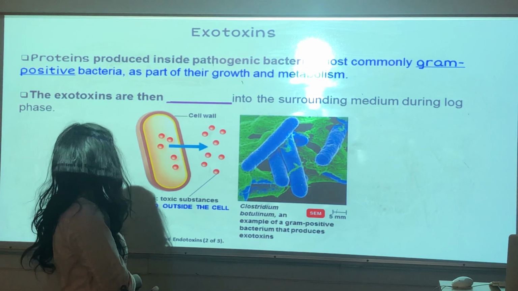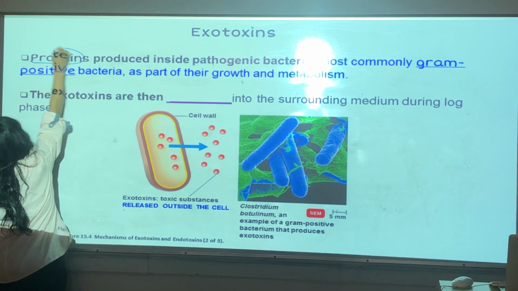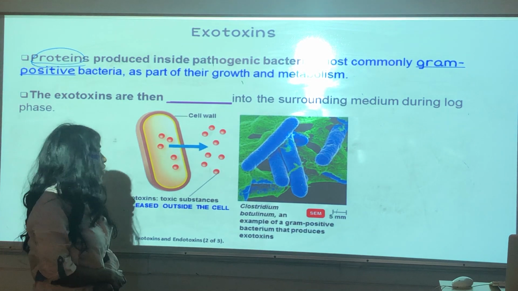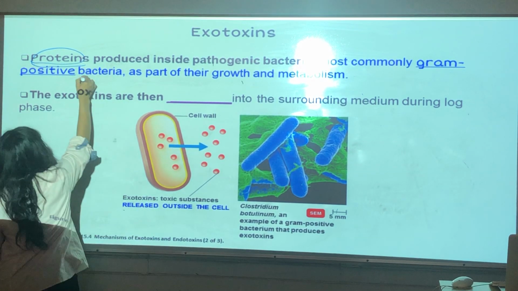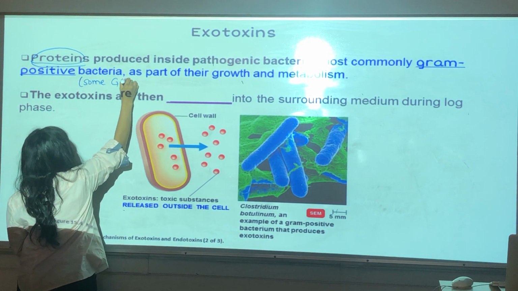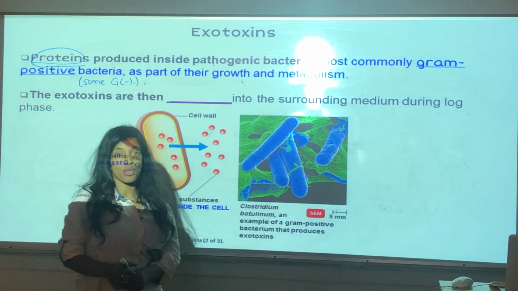And the exotoxins are proteins. All right? So one, they are proteins. Right, and they are produced by the foreign invader, mostly the gram-positive bacteria, but some gram-negative bacteria as well. And they are releasing this as they grow, right?